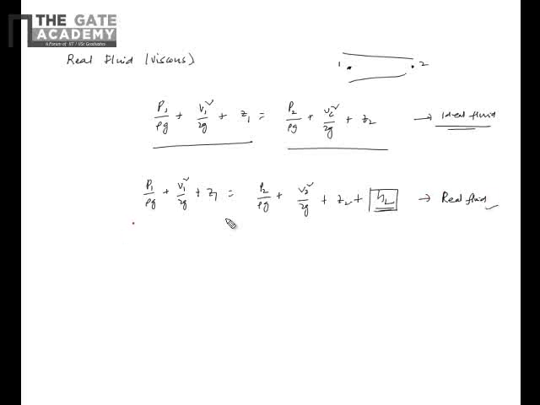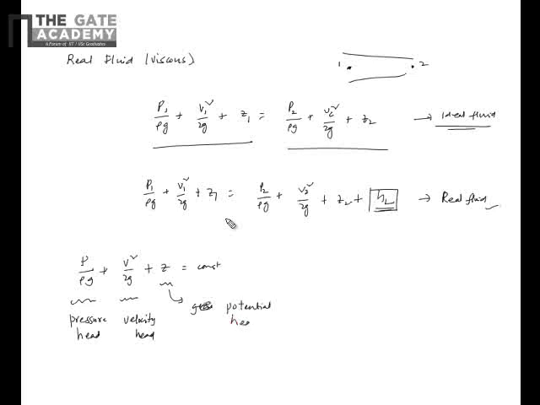Okay, now let's try to understand deeply what happens in each term in this equation. It's constant. So this term is the pressure head term. Each has a unit of meter, so it's a pressure head. And this is your velocity head, and this is the gravity head or the potential head.